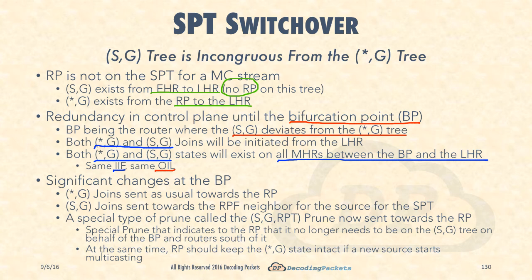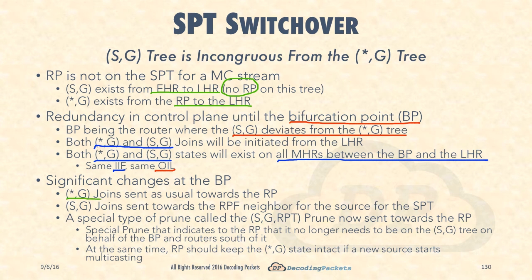However, at the bifurcation point, which is the first point where the S,G and the *,G have different IIFs, there are significant changes, and you really need to understand this in order to not be burned by it. The *,G doesn't change because there is nothing significant happening from a *,G perspective. So for *,G, it exists just as usual.